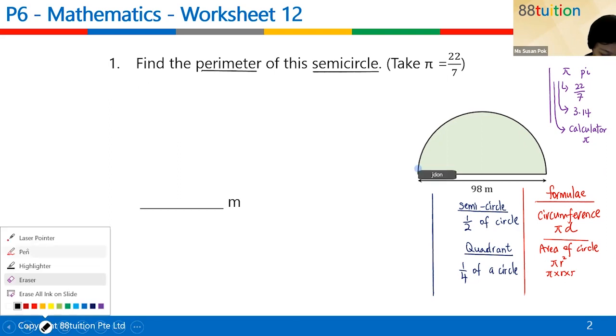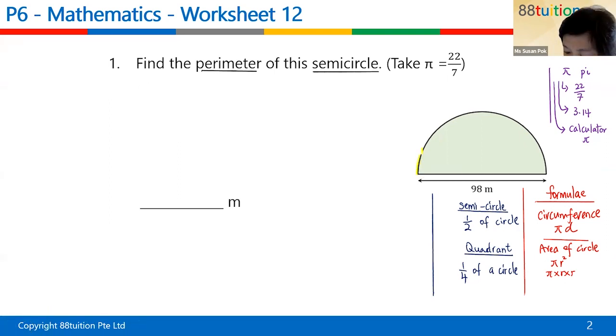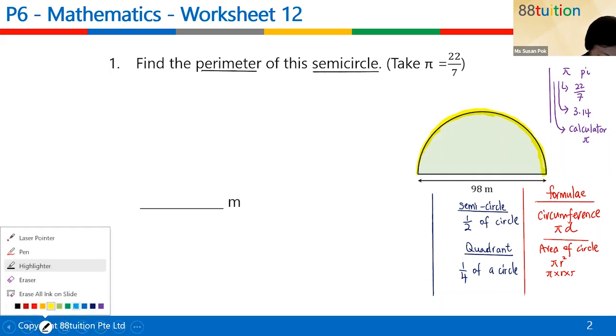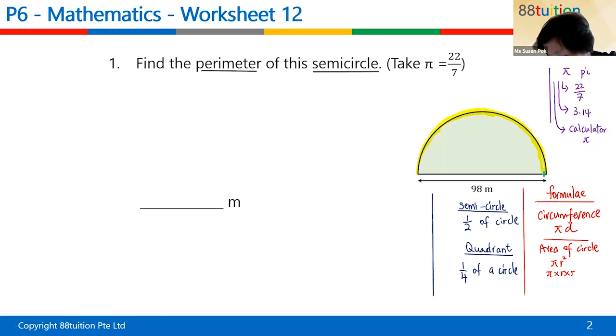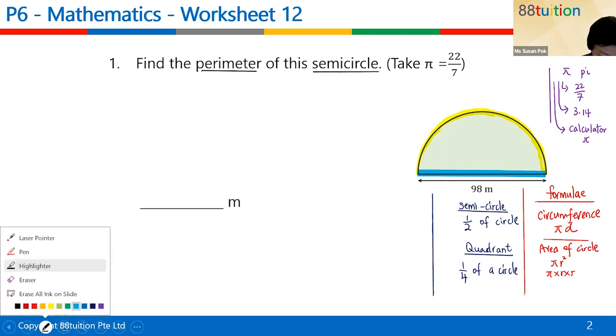So first we are looking for this curved line, the circumference, the yellow line. Then another line I can see here is this line. So there are two lines that I need to work on.